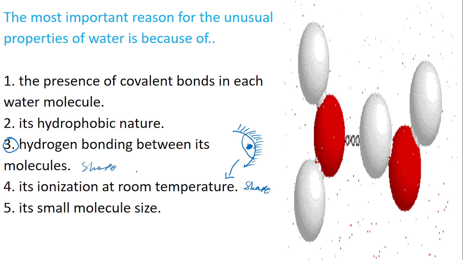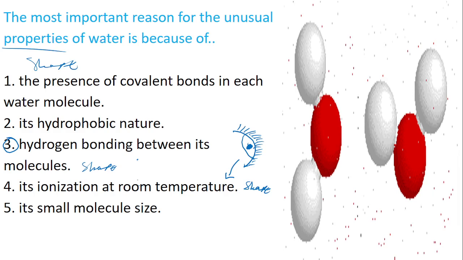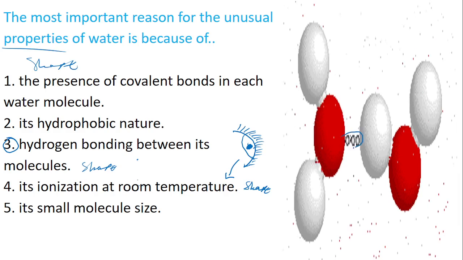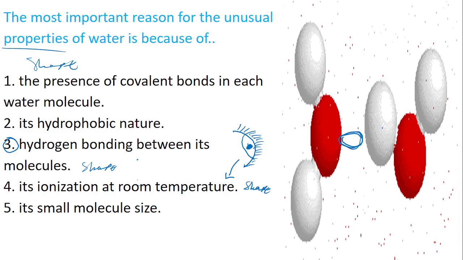So this one and that one are correct when this part is talking about the shape, but this question is not talking about the shape, it's talking about the properties. As a result, the hydrogen bond is the correct answer. If you look at the hydrogen bond which is taking place there, that hydrogen bond is very hard to break, and it's the reason why there are so many properties of water that you can take note of.